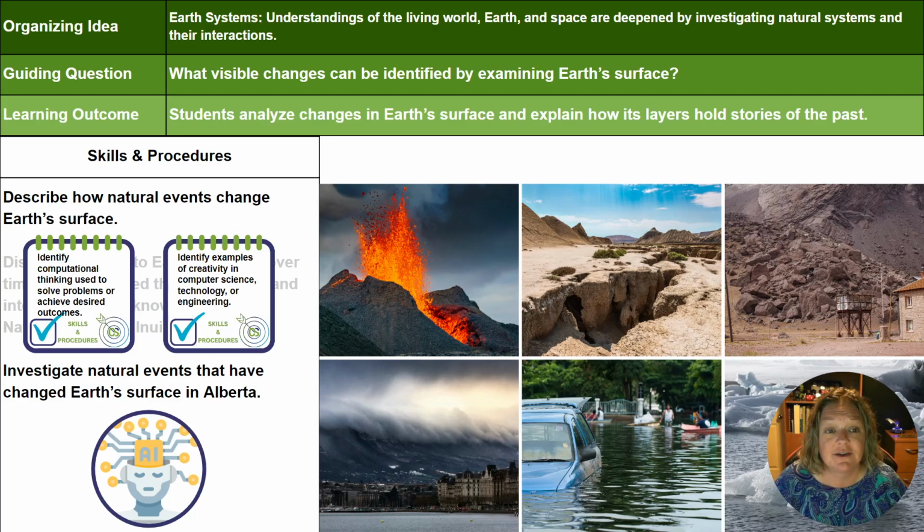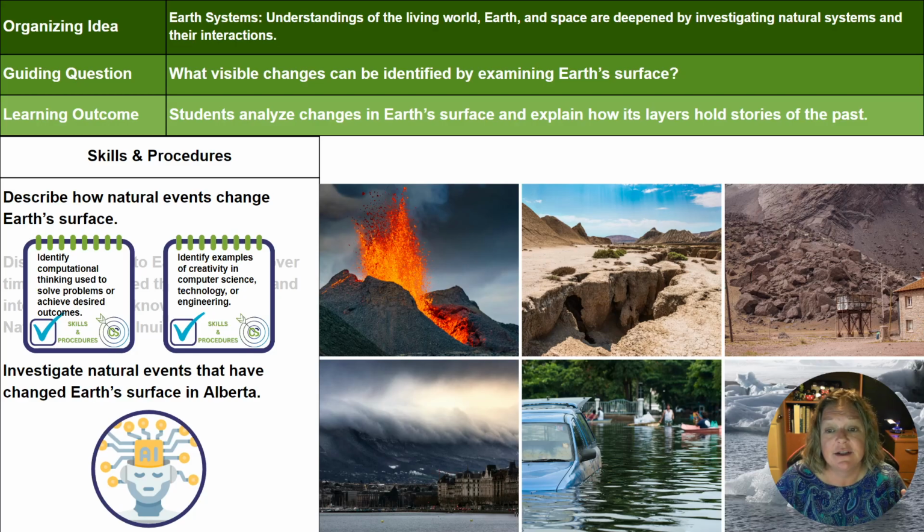So the students are being asked to analyze changes and do some explanation. We have opportunity here to draw in some computer science skills. We could cover identifying computational thinking used to solve problems or achieve desired outcomes by having conversations about how humans have managed with these natural events that are changing the Earth's surface over time.